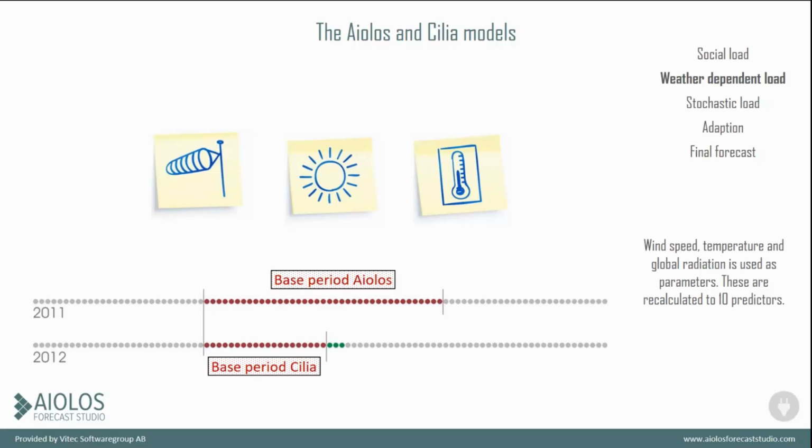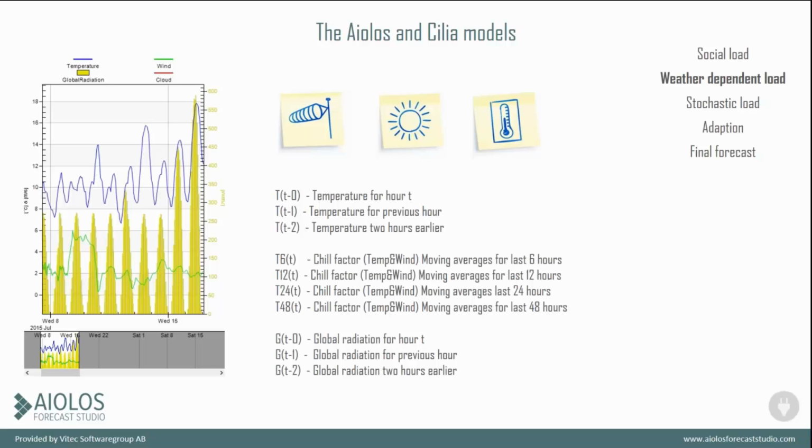And what are the parameters that we are looking at then? We are looking at temperature for our T and also for the previous hour and for 2 hours earlier. Then we're looking at global radiation in the same way, relative to the forecast starting now, and then for the previous hour and 2 hours earlier.